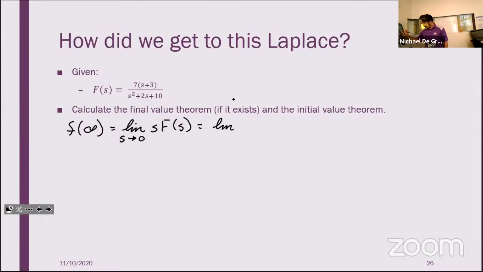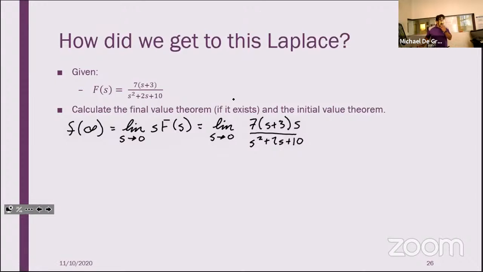So this is the limit as s goes to 0. If I multiply by s, I'll end up with 7s plus 3 times s over s squared plus 2s plus 10.